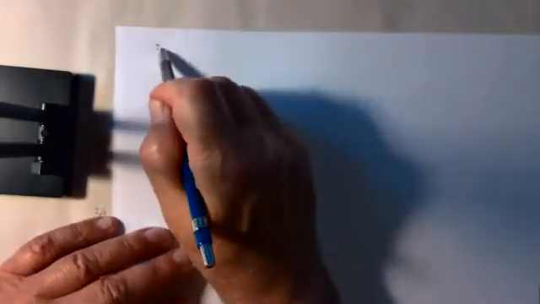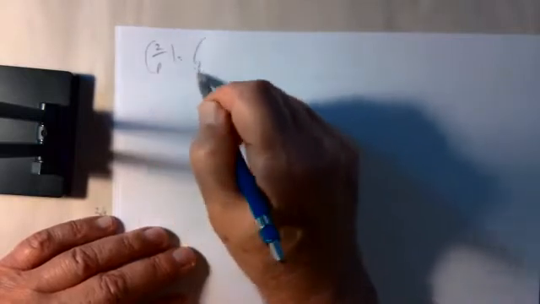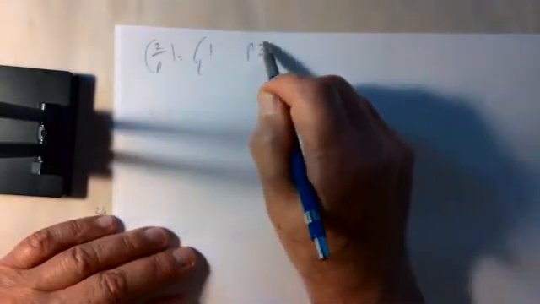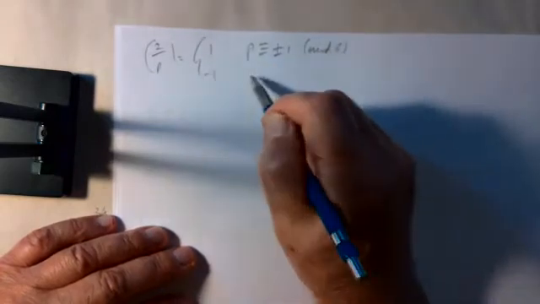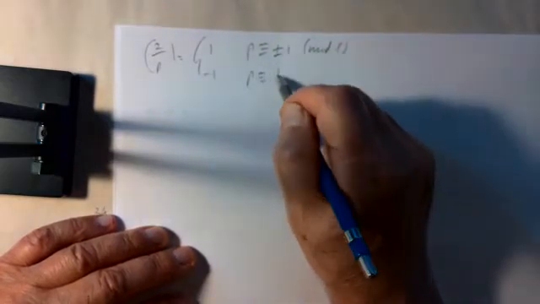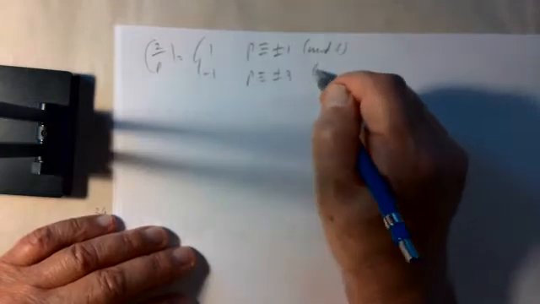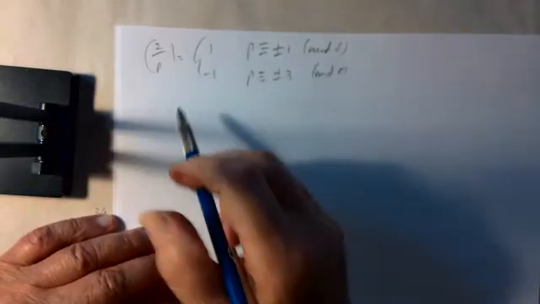So let's look at a couple of examples. 2 over p is 1 if p is congruent to plus or minus 1 mod 8, and minus 1 if p is congruent to plus or minus 3 mod 8.